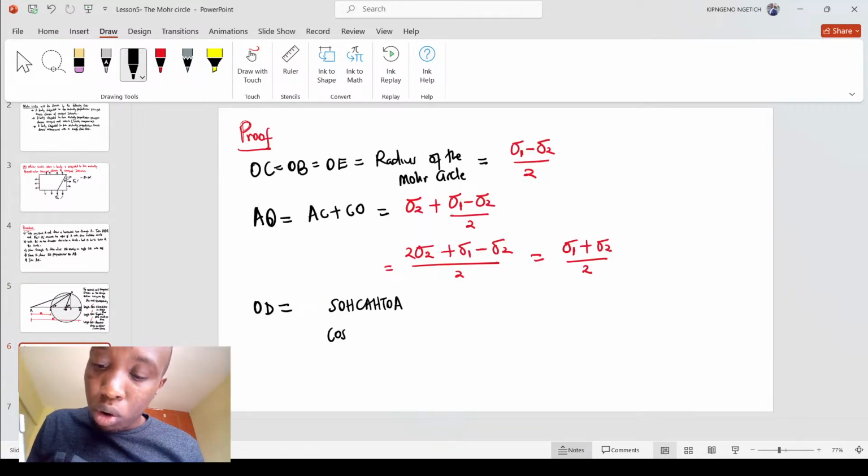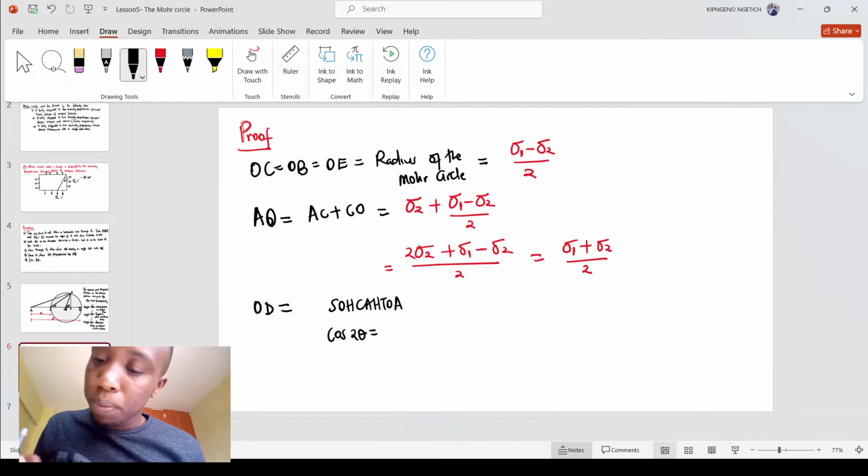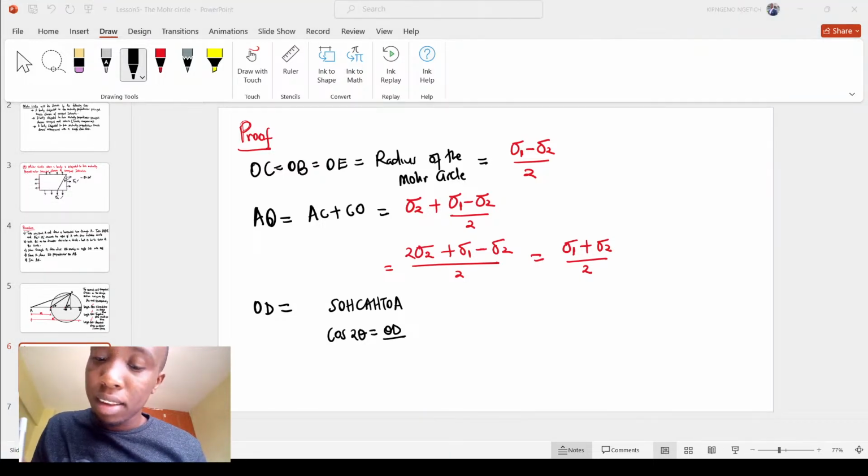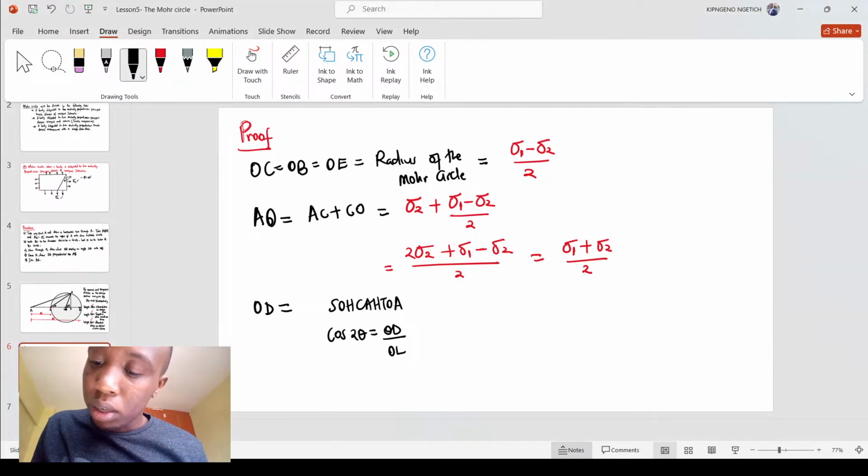It will be cos of 2 theta equals the adjacent OD divided by the hypotenuse, which is the radius OE.